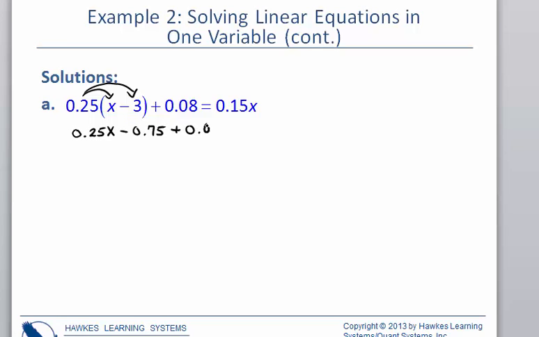I'm going to rewrite the rest of the expression without making any other changes. We'll now combine like terms. So we have a negative 0.75, and we have a 0.08. And if we subtract those two, we're going to get a negative 0.67.